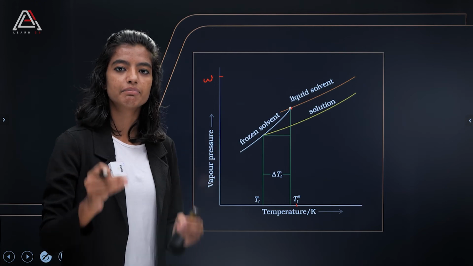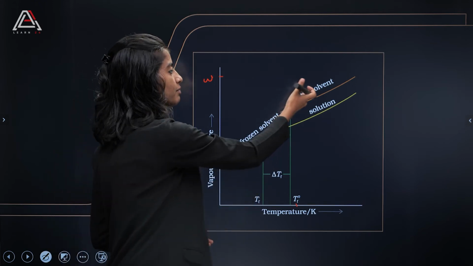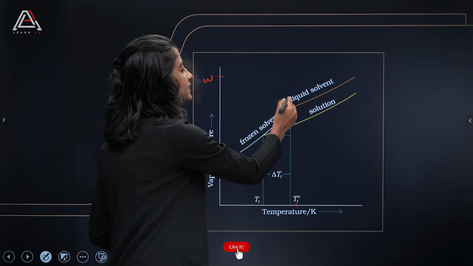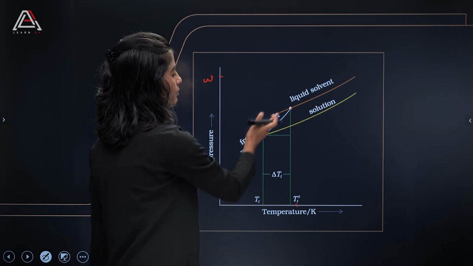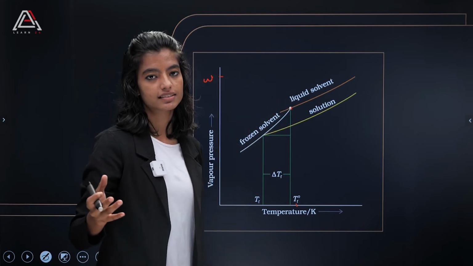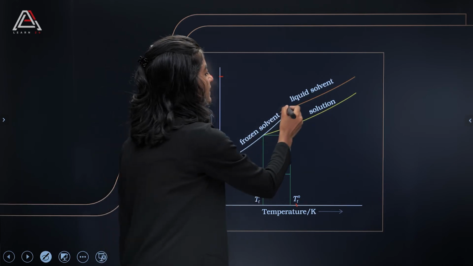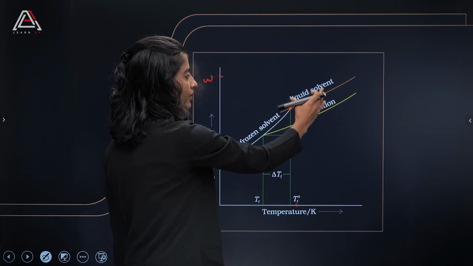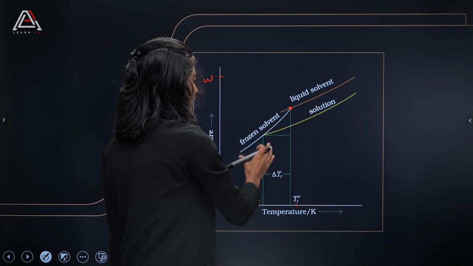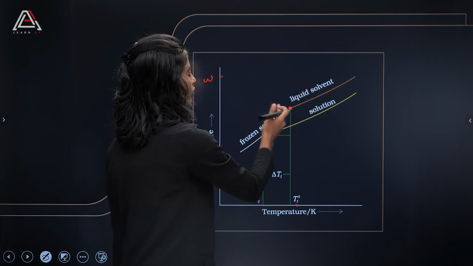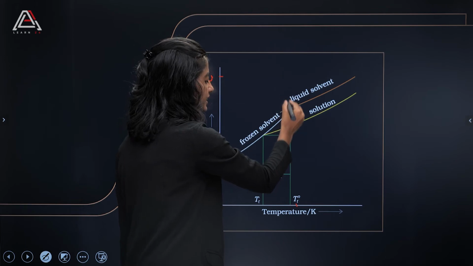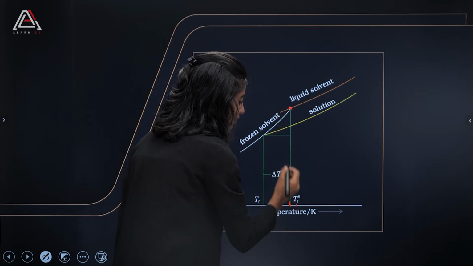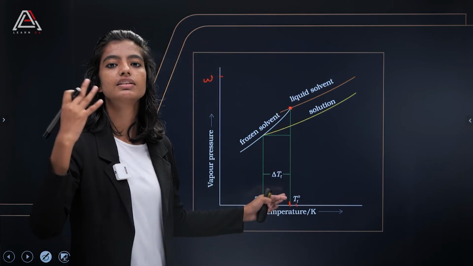Freezing point is the temperature at which the vapor pressure of solvent becomes equal to the vapor pressure of that solid, right? Now, this is the point where the vapor pressure of liquid solvent becomes equal to the vapor pressure of frozen solvent. So, this is the freezing point of solvent.